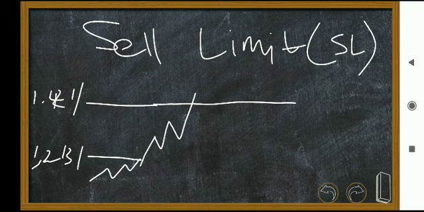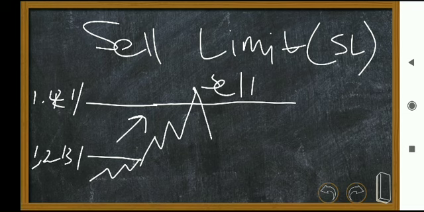The requirements are that it touches, then goes back, then your sell order is triggered. So this is for the sell limit. It's set above the market price, and the requirement is that price touches it, then reverses.